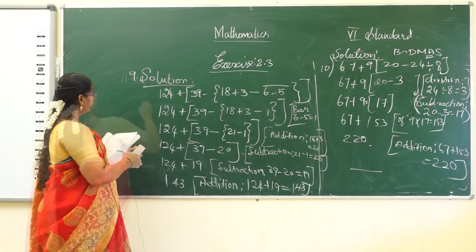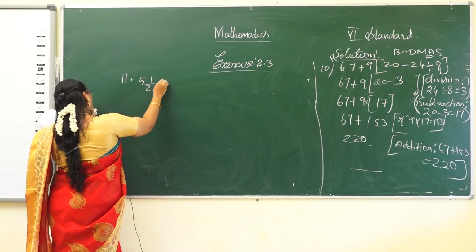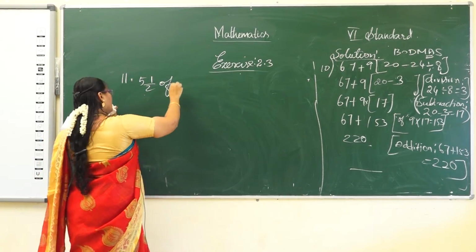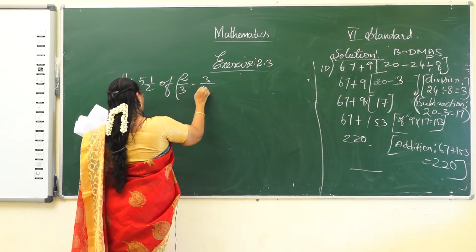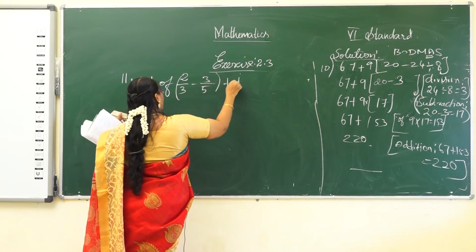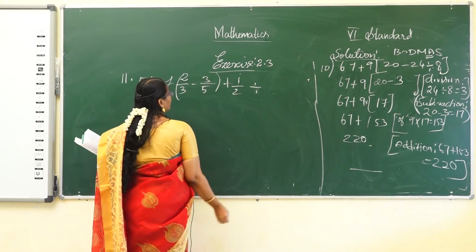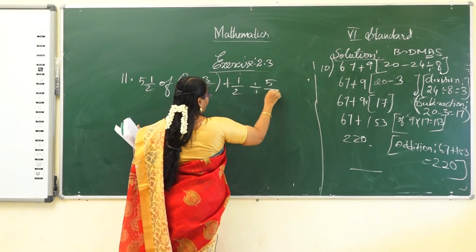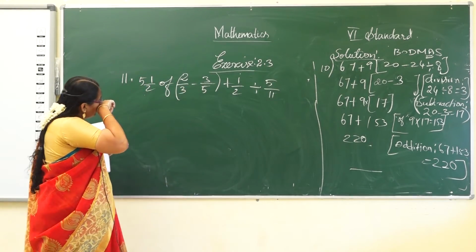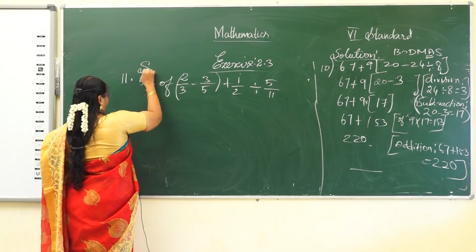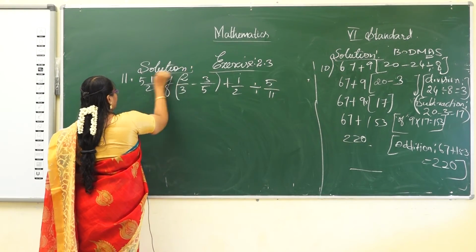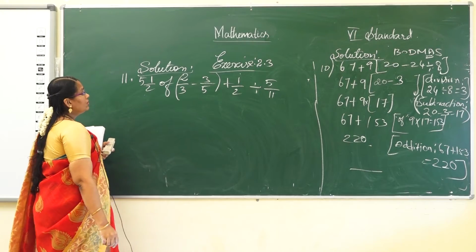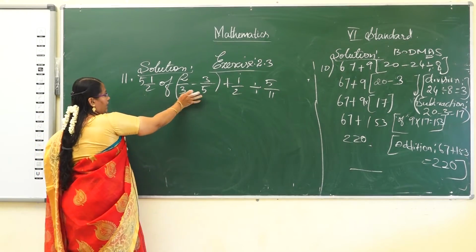11th one. 5 1/2 of [2 by 3 minus 3 by 5] plus 1 by 2 divided by 5 by 11. So first refer to the bracket values.